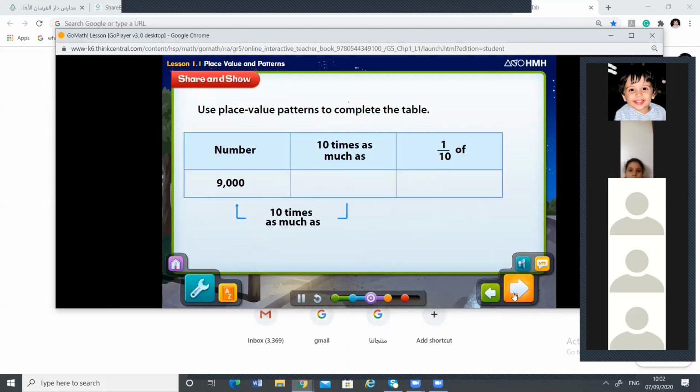Use place value patterns to complete the table. What is 10 times as much as 9,000?